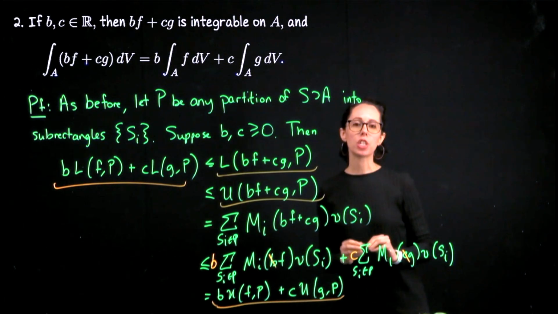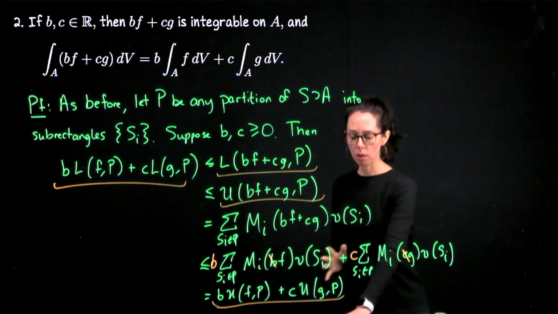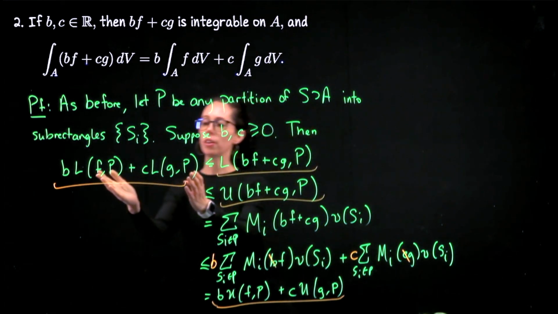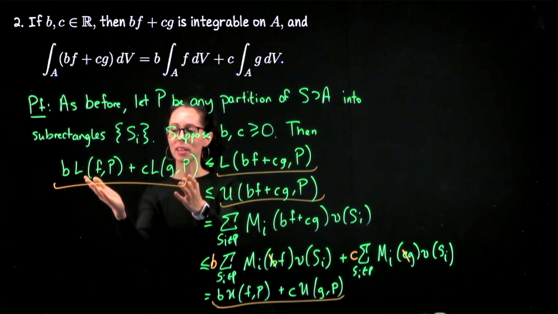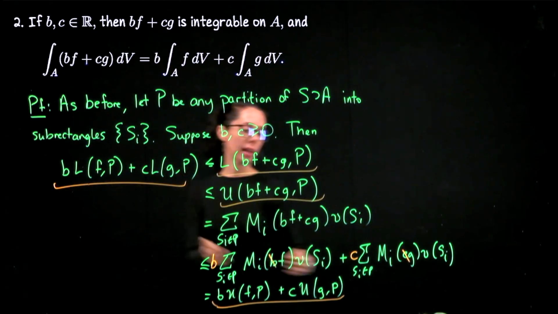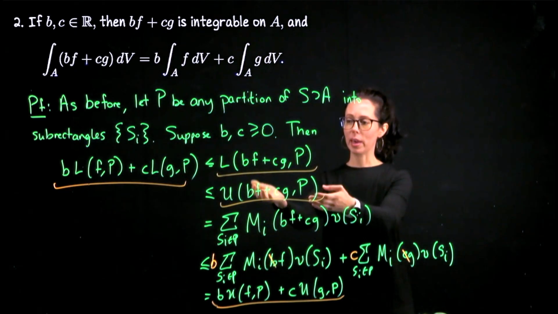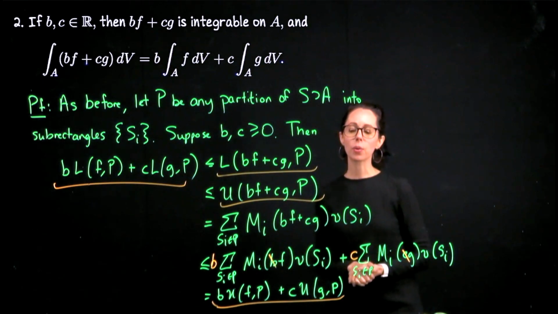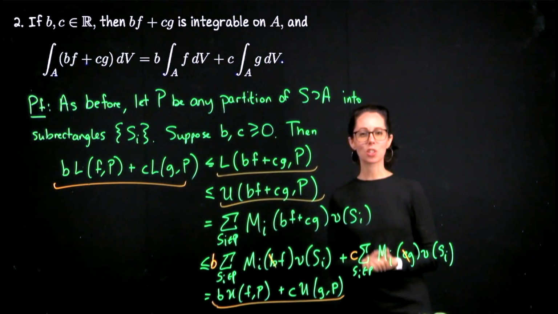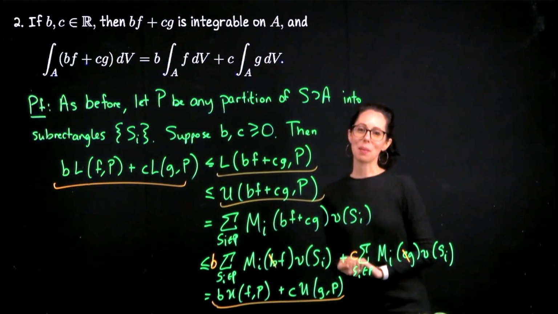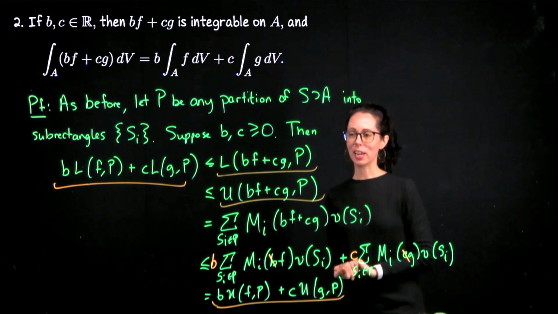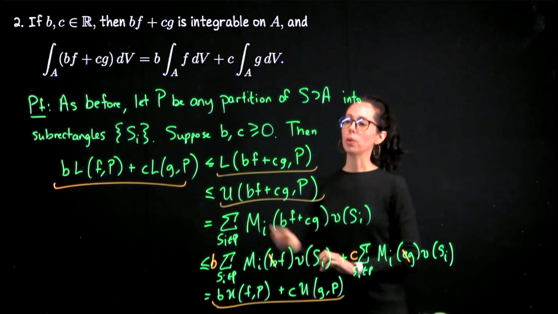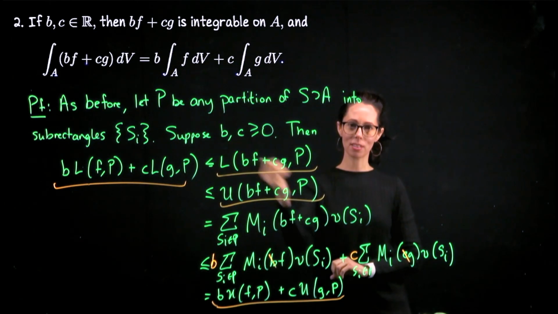Remember that F and G are known to be Riemann integrable already, which means I already know, if I start looking at sups of all lower sums, what this would look like and what this would look like. And then we have these two pieces squeezed in the middle. So that's going to allow us to finish the proof for this case in just a moment. But let me pause, erase, come back. We'll wrap up this situation, and then we will discuss what to do with potentially negative scalars.